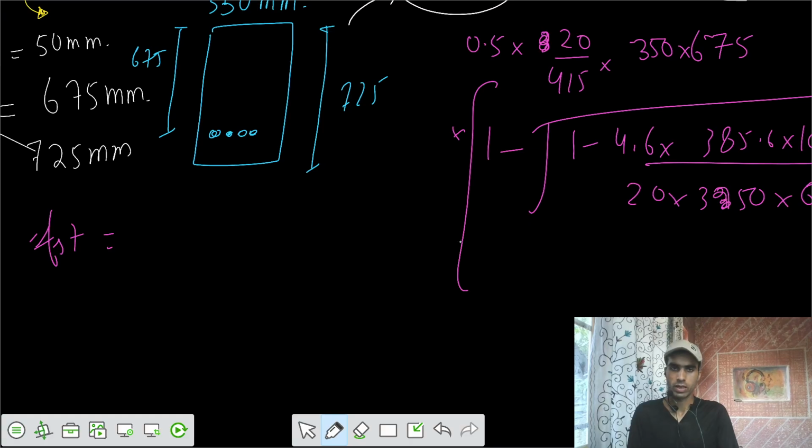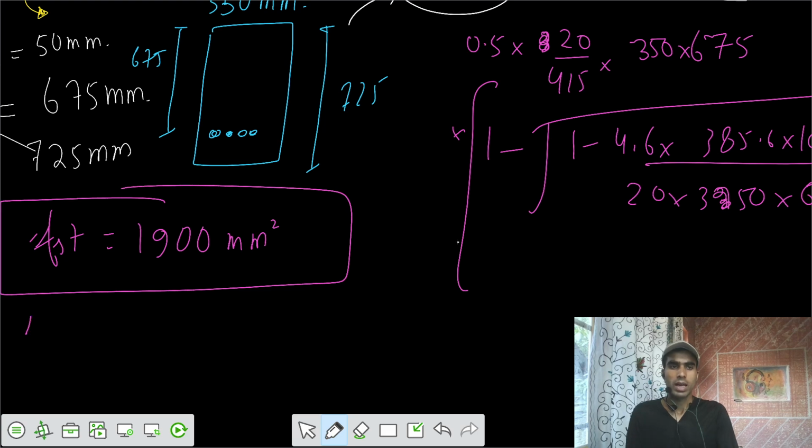1900 millimeter square. You can now verify whether this AST required as per the external bending moment is fine. You can see what the AST limiting should be also. You can check that also. That is corresponding to MU limiting, and we can calculate it with respect to XU limiting.